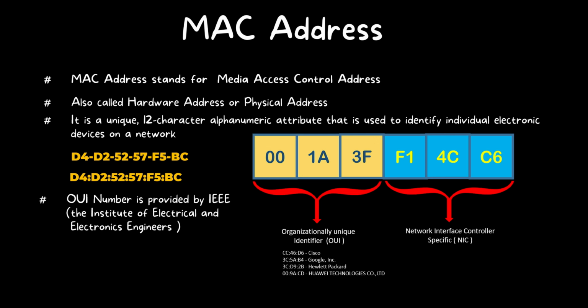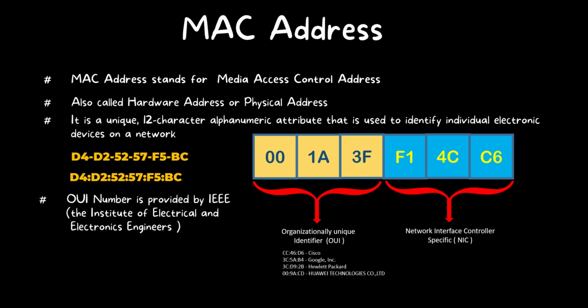On this screen you can see the OUI numbers registered under some of the famous companies in the networking industry. You can see the OUI numbers of Cisco, Google, Hewlett-Packard and Huawei. So if you see a network device whose MAC address starts with CC46D6, then you can say that device is manufactured by Cisco.